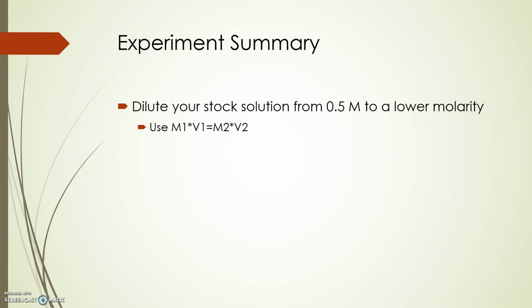M1 is the concentration in units of molarity of your initial solution, in this case, your stock solution. V1 is the volume you will transfer from your stock solution to your dilute solution. M2 is the molarity of your dilute solution. V2 is the volume of your dilute solution. You can use this equation in multiple ways.